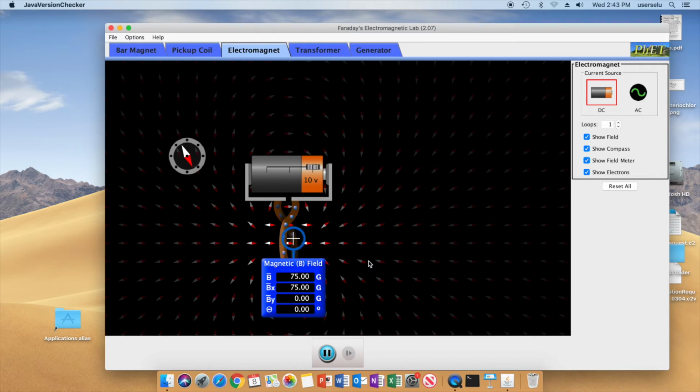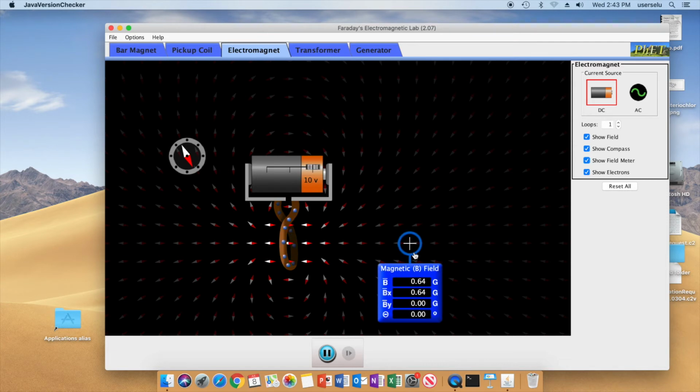But if we knew the current flowing through the wire and the loop radius, we could plug into B equals mu 0 I over R, and we would get 75 Gauss. Actually, we'd probably get it in Tesla. We'd get 7.5 times 10 to the minus 3 Tesla for that calculation.